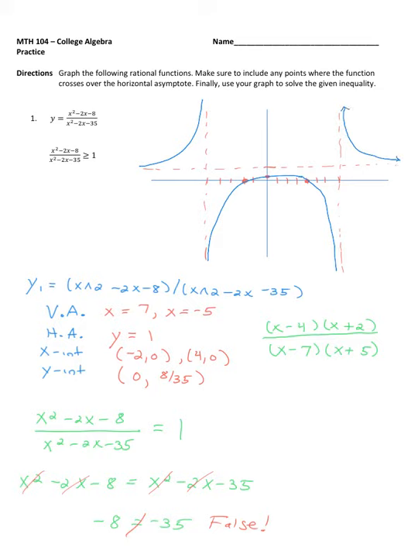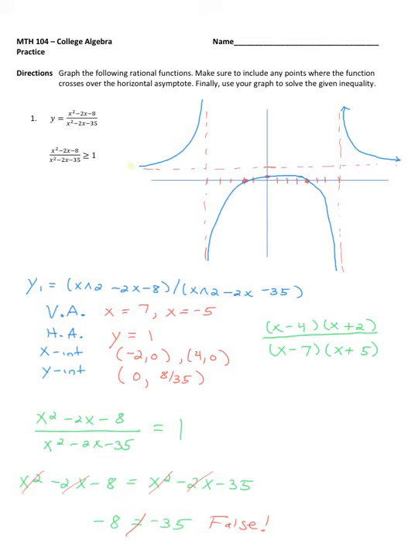If I now want to answer this part of the problem, where is my function equal to or greater than 1, it would have to refer to this portion of the graph and this portion of the graph. Here's y is equal to 1, and this piece are always above it. So I'm going to highlight that.